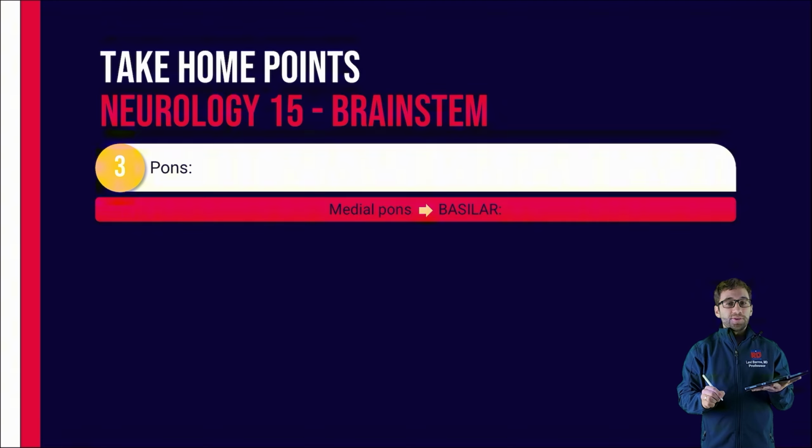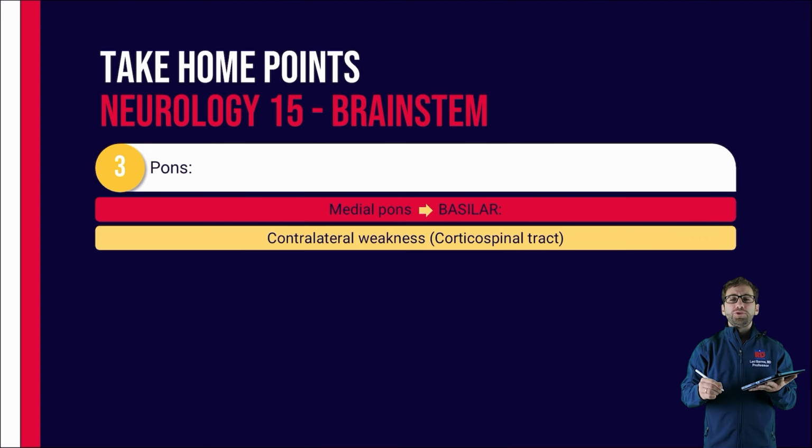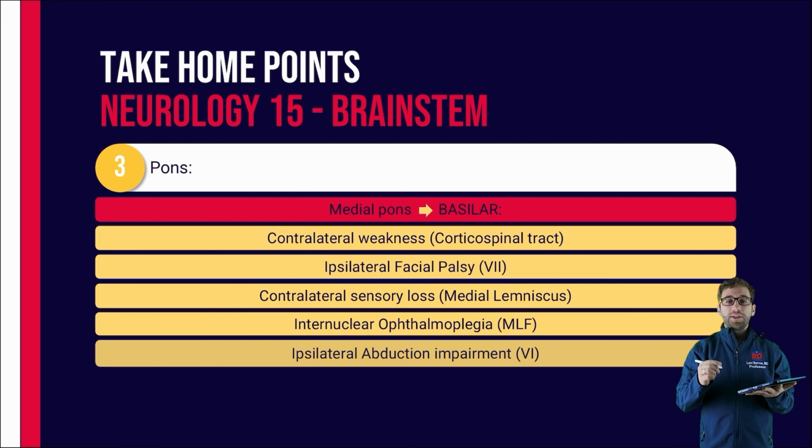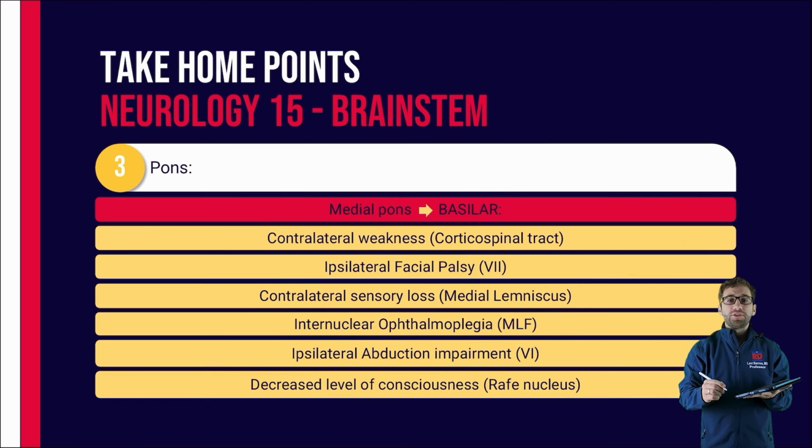These syndromes present with contralateral weakness, due to corticospinal tract involvement, ipsilateral facial palsy from the facial nerve, contralateral sensory loss from the medial lemniscus, internuclear ophthalmoplegia due to medial longitudinal fasciculus involvement, also known as MLF, ipsilateral abduction impairment from the abducens nerve, and decreased level of consciousness if the reticular activating system or raphe nucleus is affected.